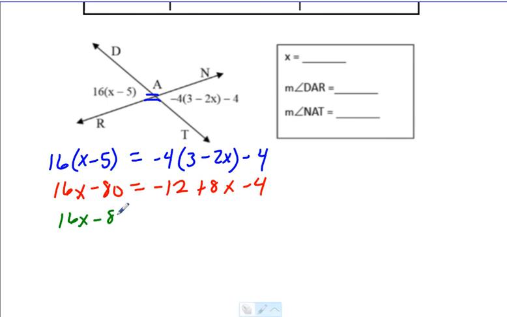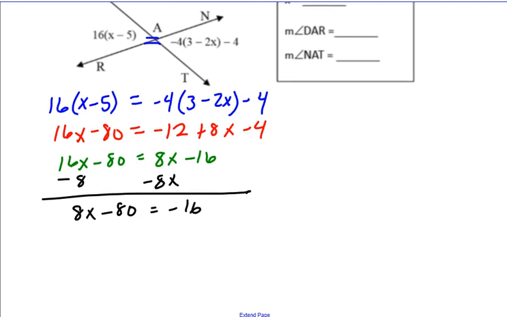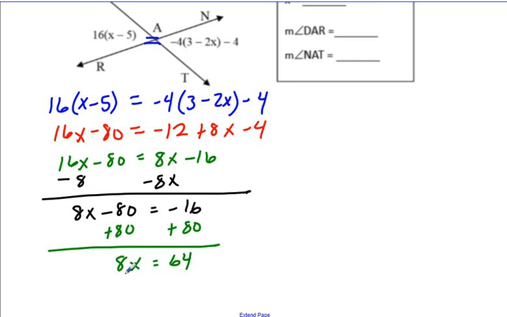Combine. And then move. So again, x equals 8.